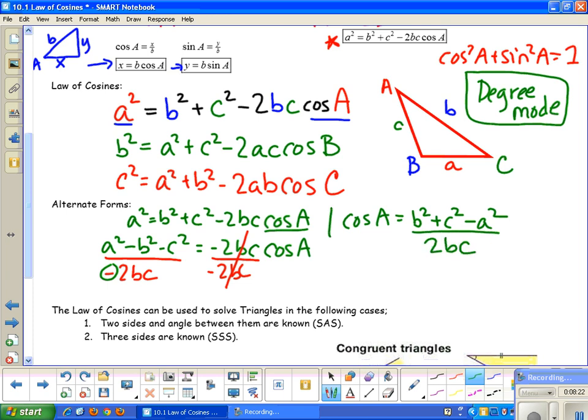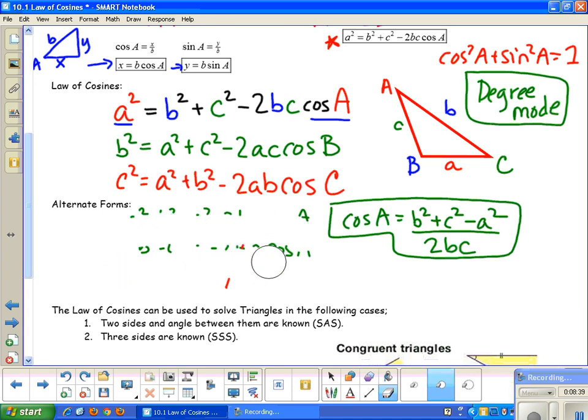This is my alternate form for the law of cosines. Now notice when you're solving this one, if you're trying to find the angle A, you take the two lengths that you're given, add them together, subtract the side of the angle that you're trying to find, over 2 times BC. So let's do the other two.